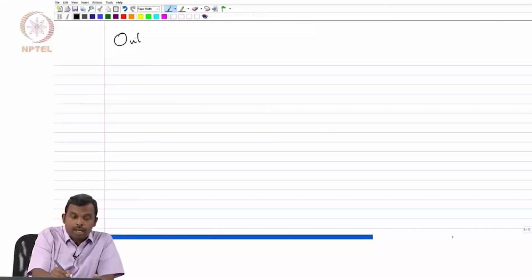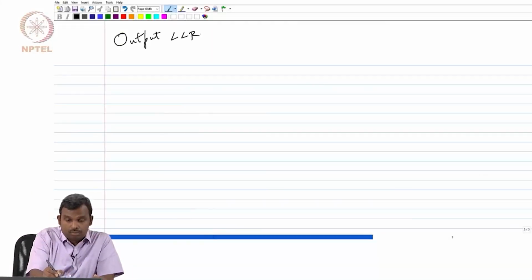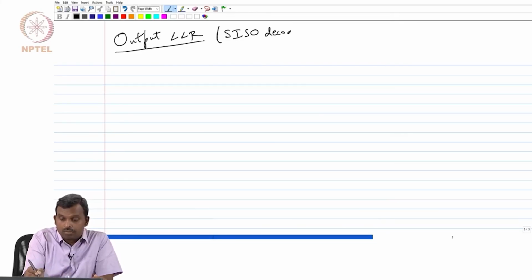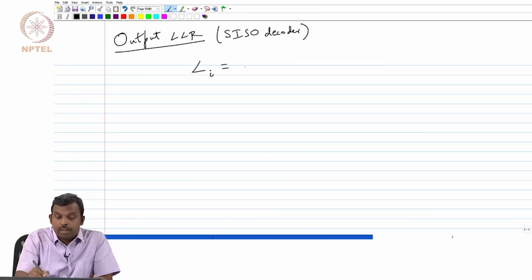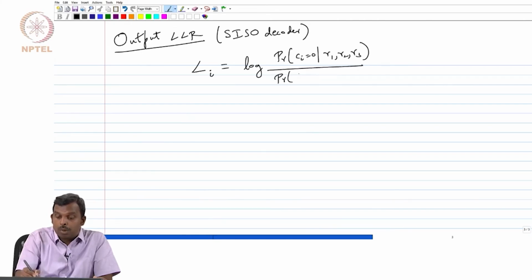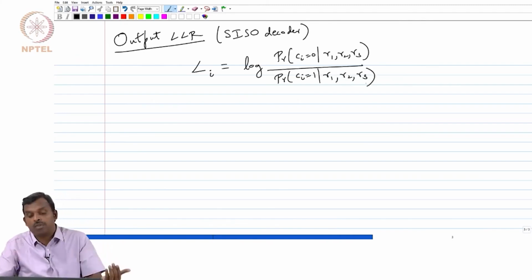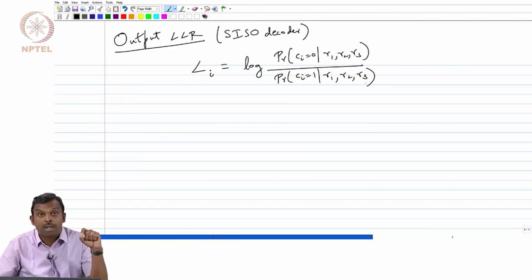The output LLR, in my SISO decoder, capital Li, is actually the log of the probability of Ci equals 0 given R1, R2, R3, all the three received values, divided by the probability of Ci equals 1 given R1, R2, R3. All the three received values have to be taken into account. This is the output LLR. This is what I really want at the output. What is my final belief after having seen all the three received values?